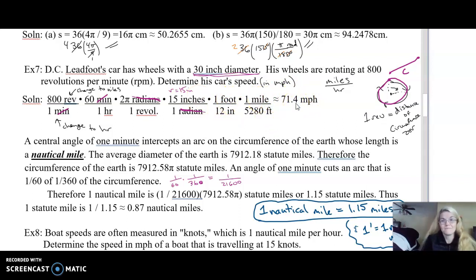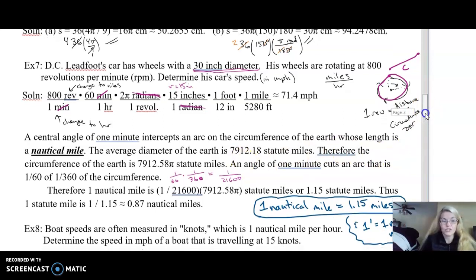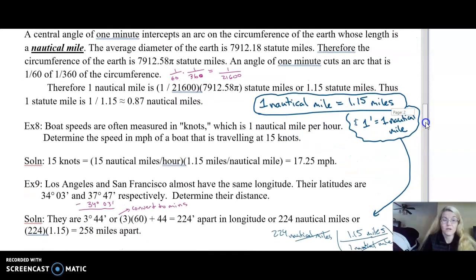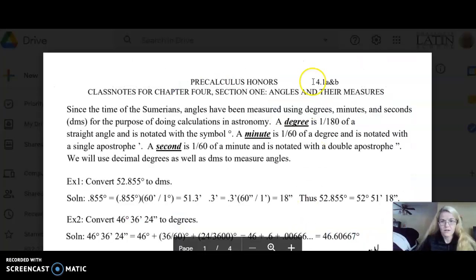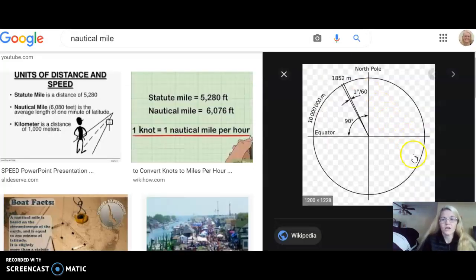There you go. All right, some new terminology, or what might be new terminology for you: a nautical mile. I Googled some images that I want to share with you first. So first of all, this is in meters, the metric system.